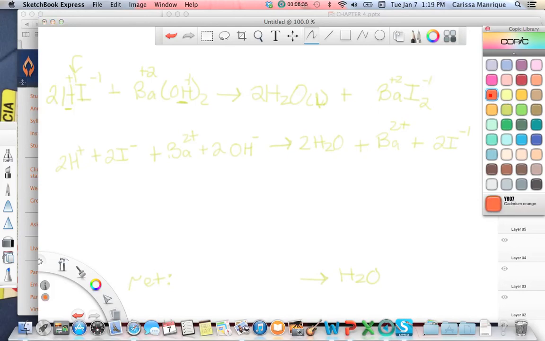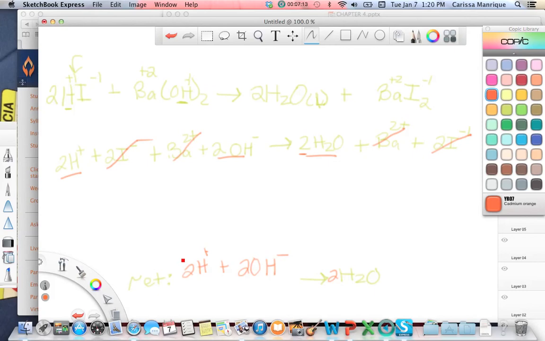So iodine, there are 2 iodines with a -1 charge right here and over here. Barium 2+ and barium 2+, and that's it. So this and this remain. Okay, so I have 2H+ plus 2OH- yields 2 waters, because I have 2 right here.